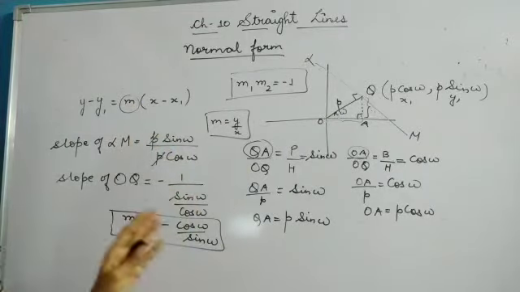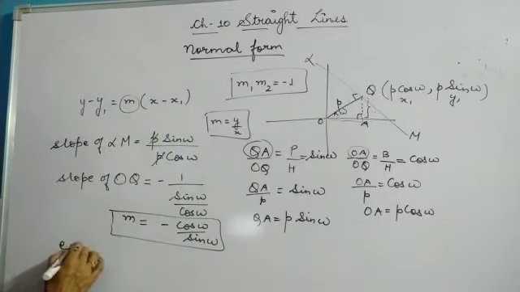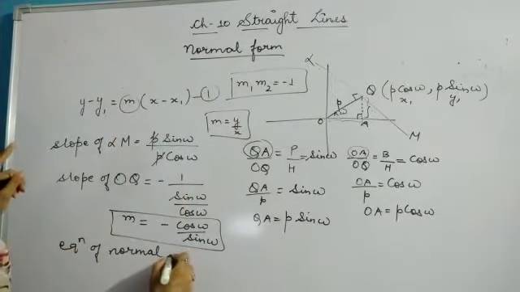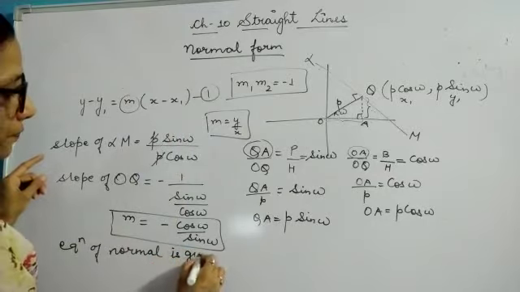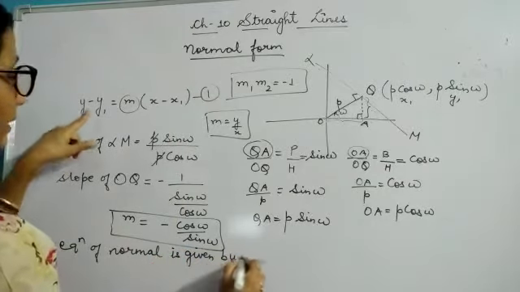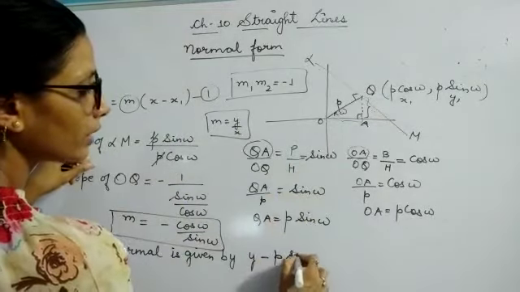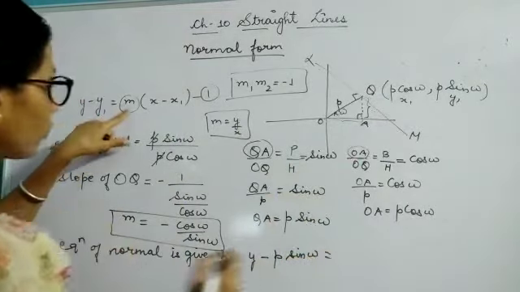So if I want to frame the equation of normal, then I will use my equation 1. The equation of normal is given by y minus y1. What is your y1? P sine omega, equal to, what is your m?